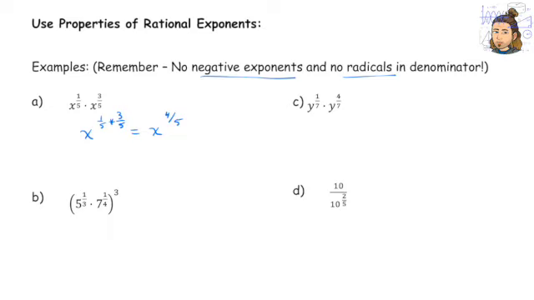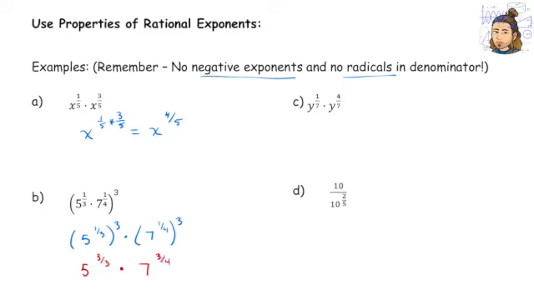When we look here at the next one, b, we have exponents multiplied together and to a power. So let's deal with that power to a power first, which means we're going to distribute. So we'll have 5 to the 1/3 to the 3rd times 7 to the 1/4 to the third, which is going to give us, when we simplify that, 5 to the 3/3, because remember, when an exponent is to an exponent we multiply, times 7 to the 3/4.